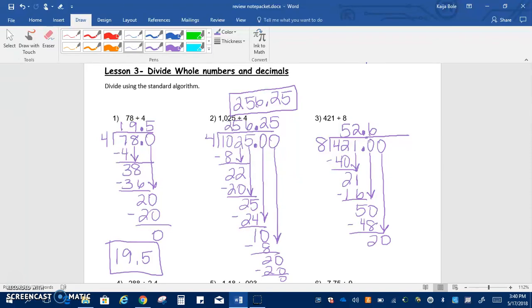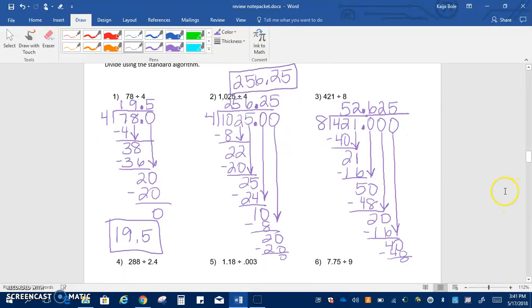How many groups of 8 go into 20? That would be 2 groups, so I subtract 16. I'm left with 4. Bring down another 0. And 5 groups of 8 go into 40. We subtract 40, and we're left with nothing, so we are done. So our final answer is 52.625.